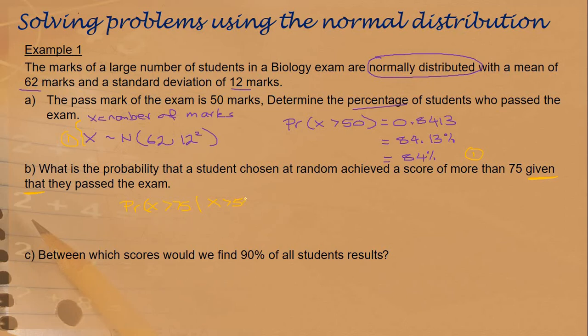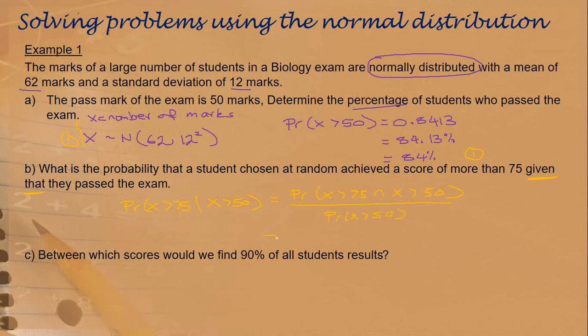When we set this up with our conditional probability, remember the numerator is where both of these things occur, and the denominator is our conditional probability.